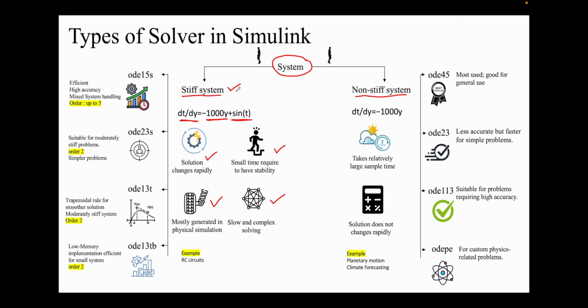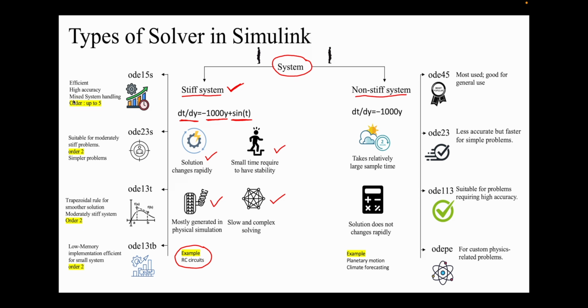Mostly a stiff system is generated from physical modeling. For example, you can take an RC model using Simscape modeling, and there you need to use the stiff solver.